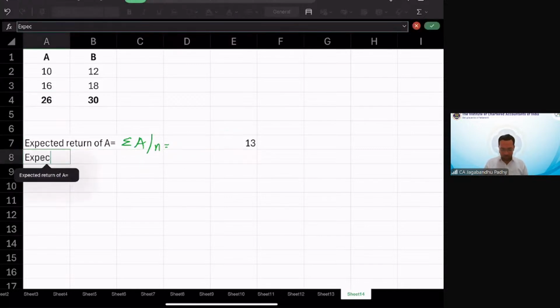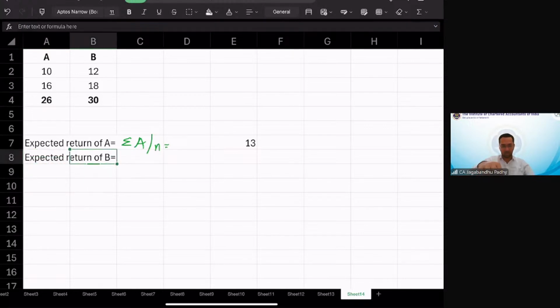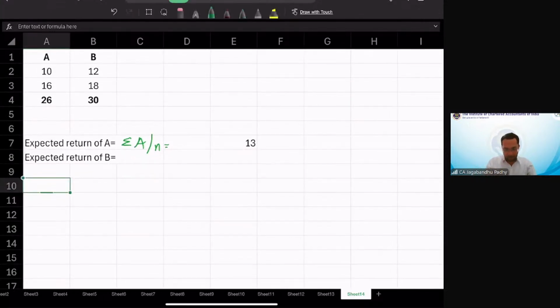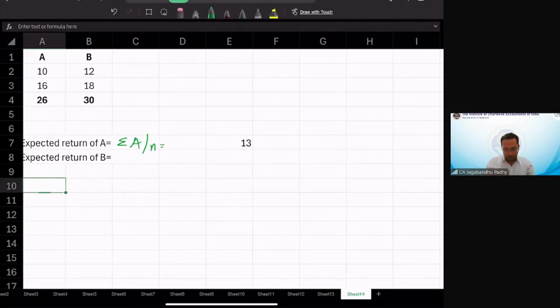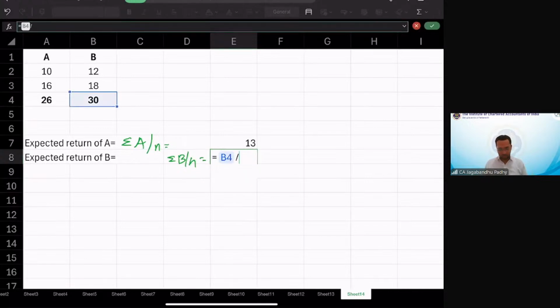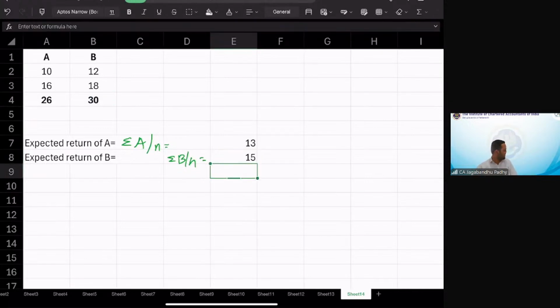Same way, what will be the expected return of B? Expected return of B will be summation of B upon N. That will be 30 divided by 2, which is 15. So expected return of B will be 15.